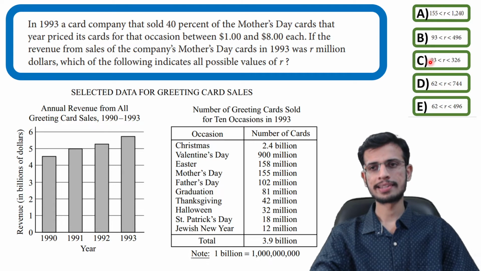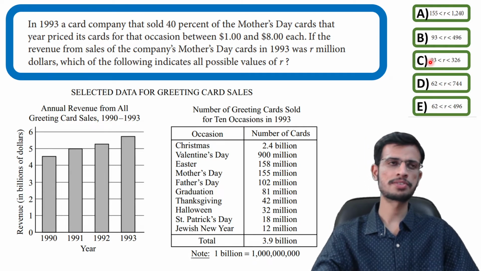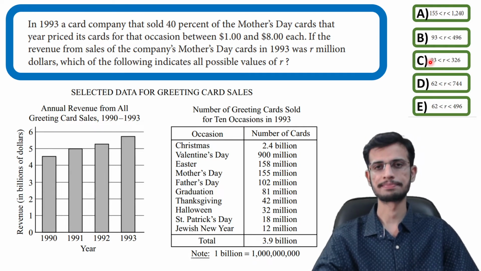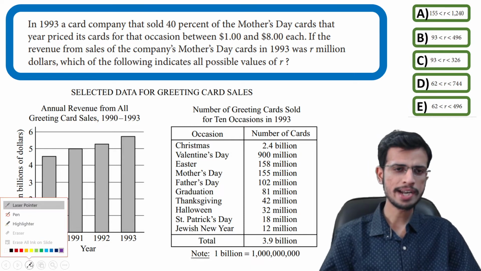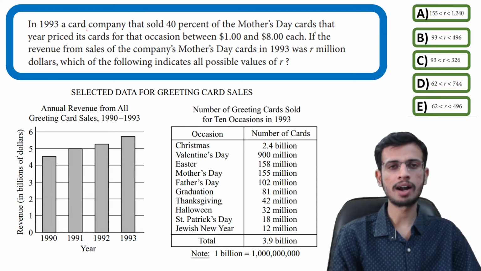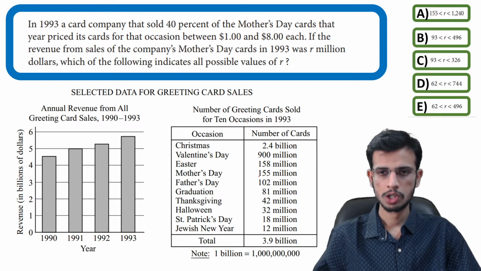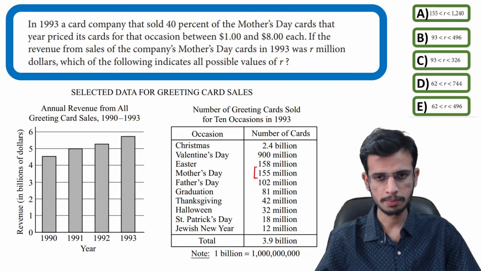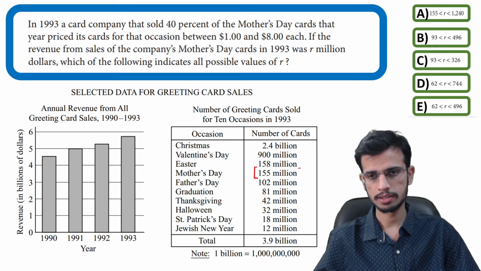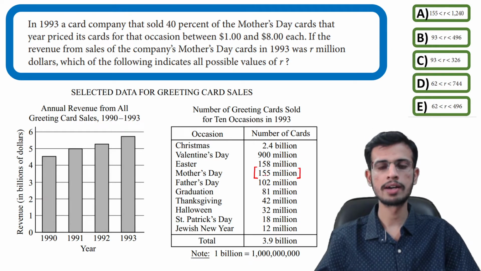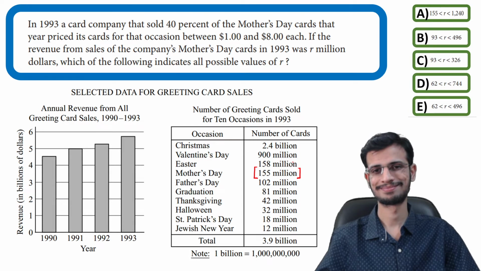So options are given to us. I think it's a very easy question. You have to just read the question once or twice. So we have to find actually how many cards this company has sold. Total Mother's Day cards sold is 155 million.